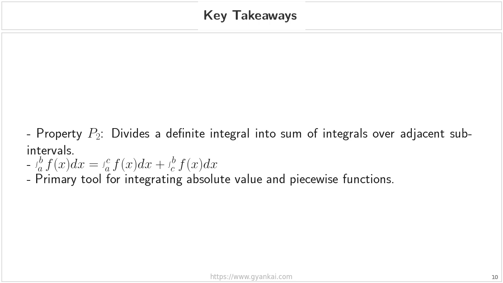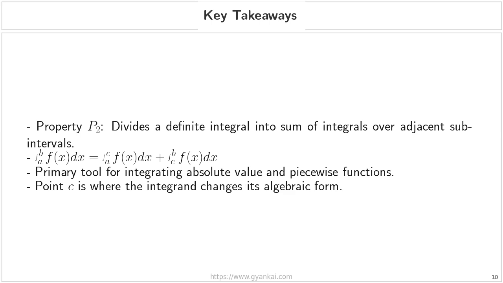Now, why is this useful? Well, as we saw in our example with the absolute value function, this property is a primary tool when dealing with functions defined in pieces, what we call piecewise functions, or functions with absolute values. These often change their definition or algebraic form at certain points, and property P2 lets us handle those changes neatly.